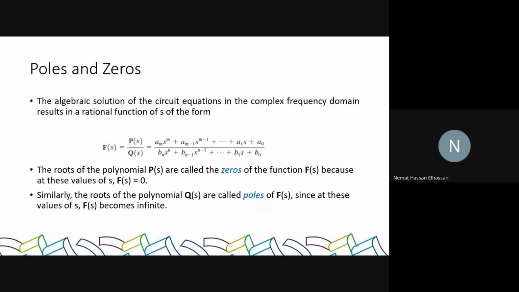We said that any system or circuit is basically a box with elements inside, resistors, capacitors, inductors connected in any way or form. You feed it an input, whether that input is voltage or current, and it gives you an output, right? We said that every system has a gain.